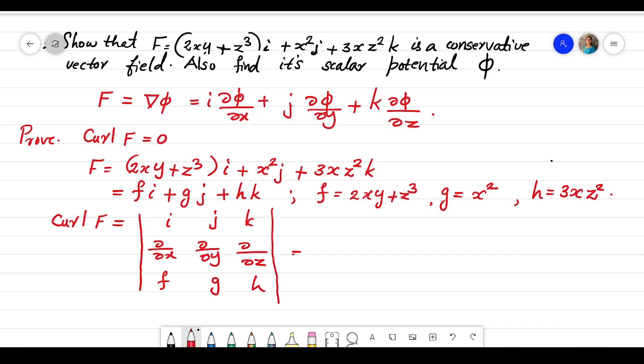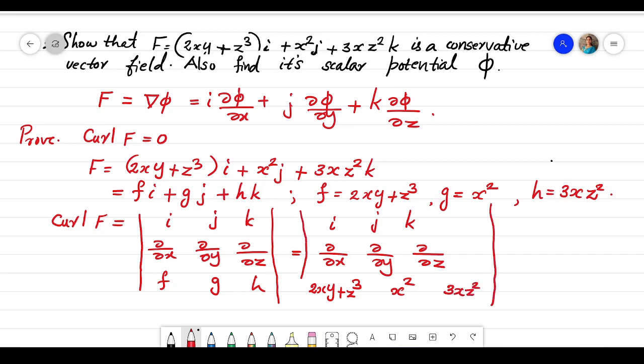Now, you can substitute the values of f, g and h here: 2xy + z³, x², and 3xz². Now, you can expand this determinant.